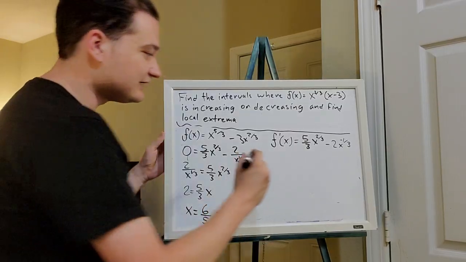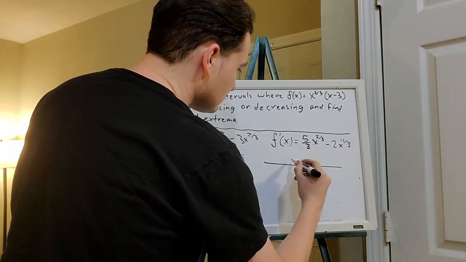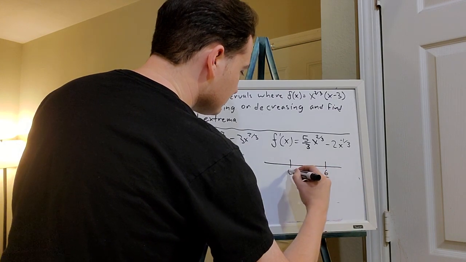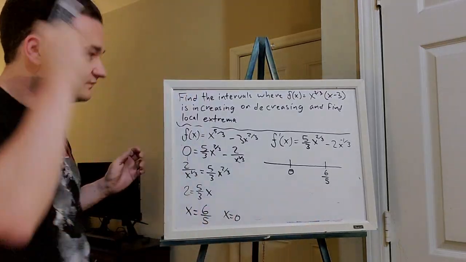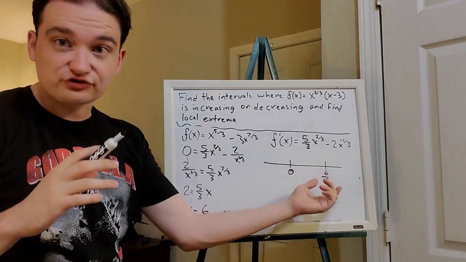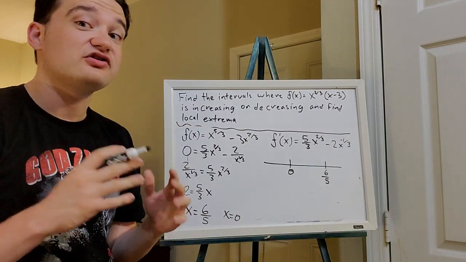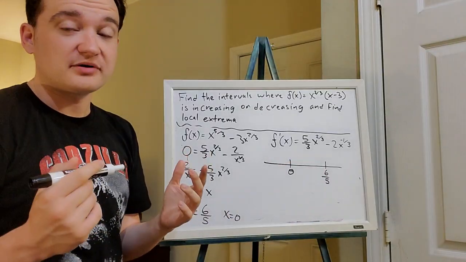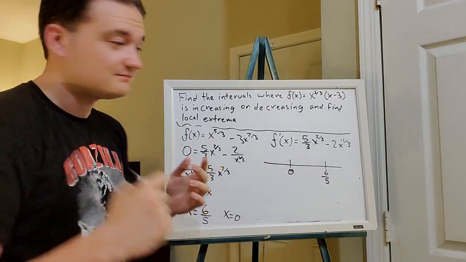Let's make a number line. 0, 6/5. So let's plug some points into our first derivative to figure out where we're increasing, where we're decreasing. From 0 to 6/5, what's the number in between there? 1.